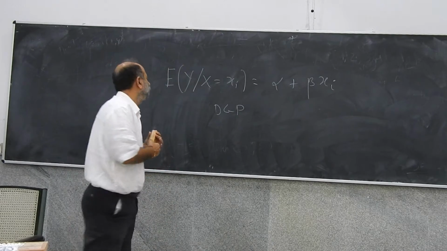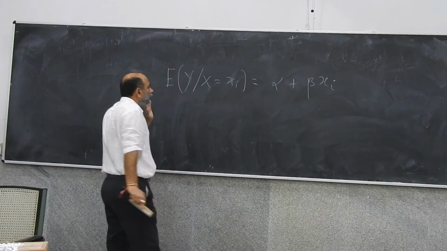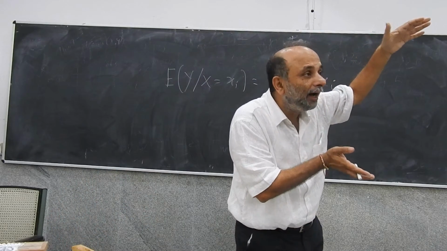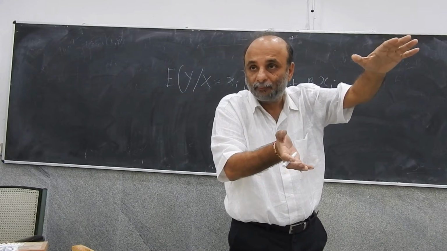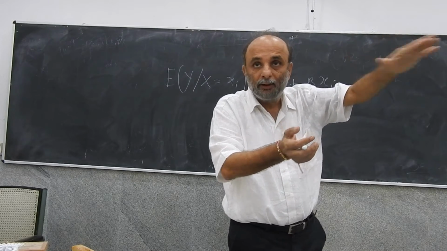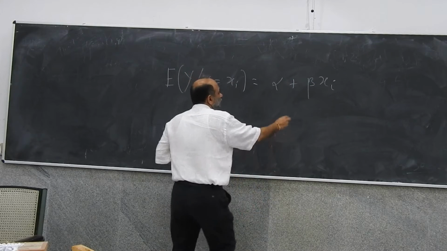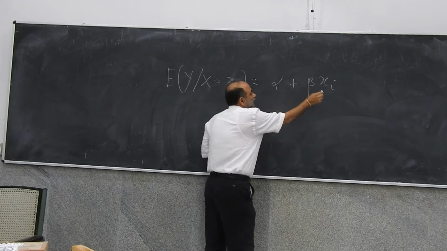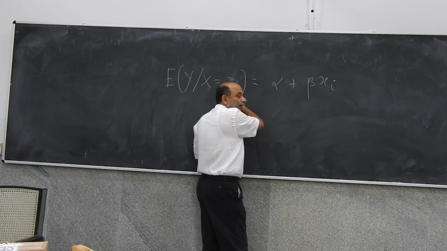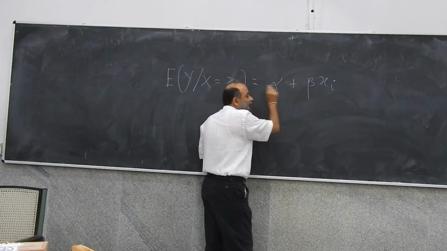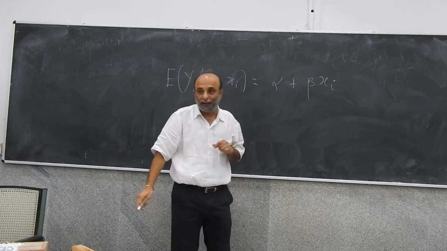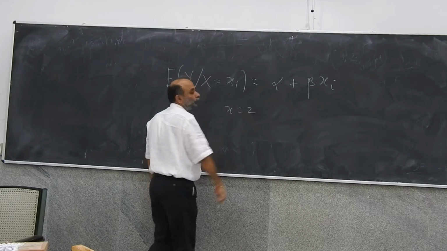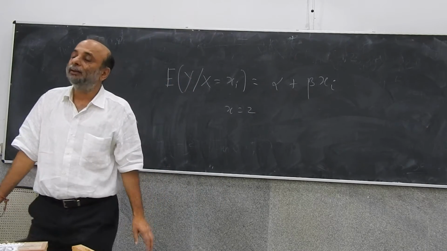Now this relates the average value of y to x. So this says, for example, if x equals 0, alpha was 0.5. If x equals 1, then this number was 1.5. If x equals 2, this number was 2.5. So for example, think of x equal to 2. What does that mean?